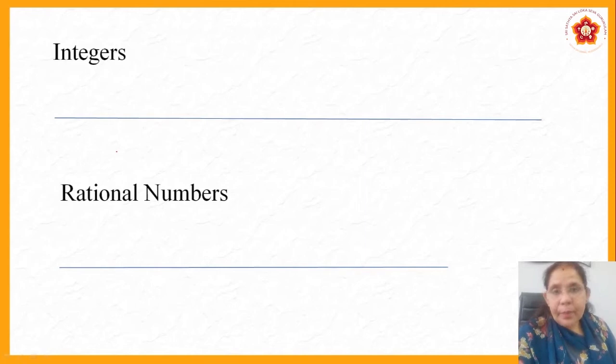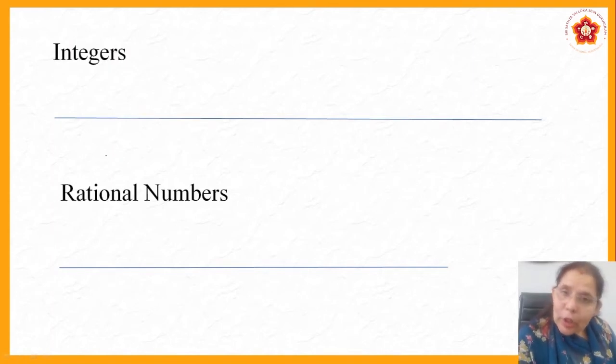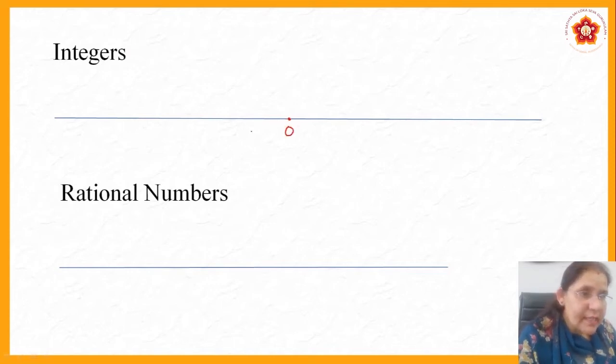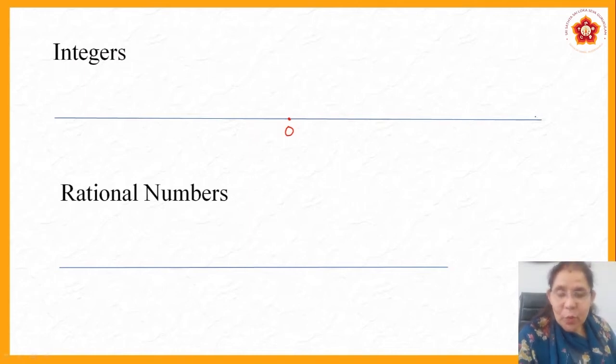How can we plot integers? Recall what are integers? Integers will have all the whole numbers as well as negative numbers. So that means the first thing that we need to do is somewhere in the center mark point 0. That would be the reference point. Now integers are going to extend indefinitely on the right hand side.